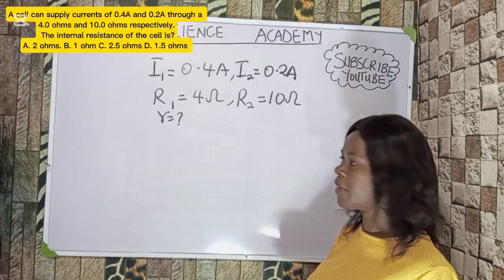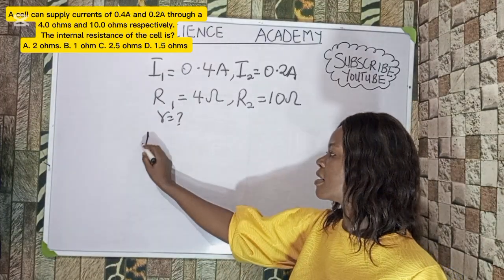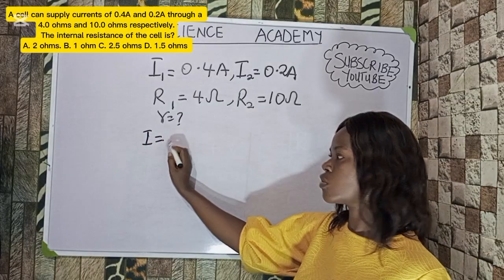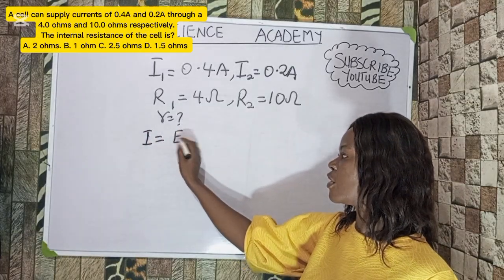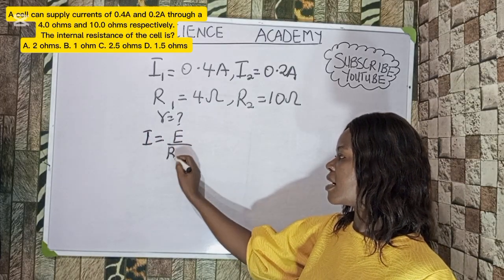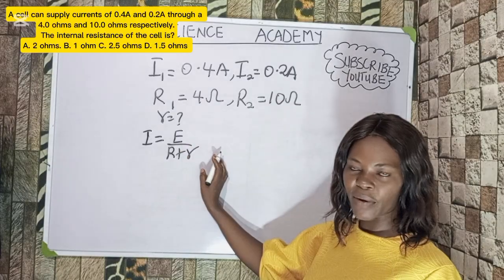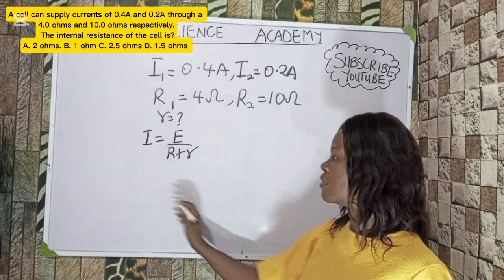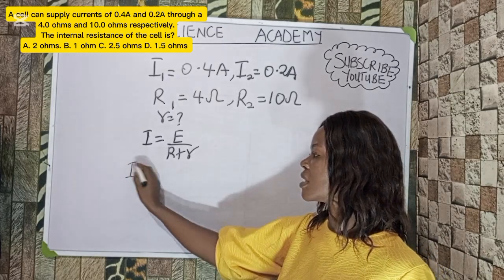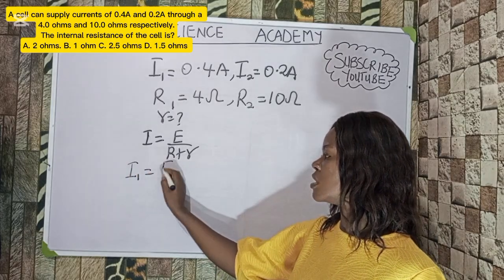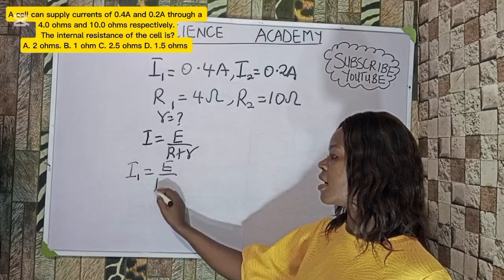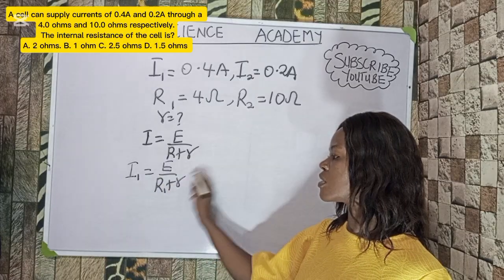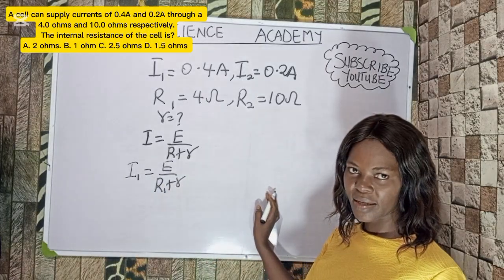Now, by stating our formula, I is equal to E all over R plus r. But if you're looking for the first current, that is I1, you're going to say I1 is equal to E over R1 plus r. What's my I1?